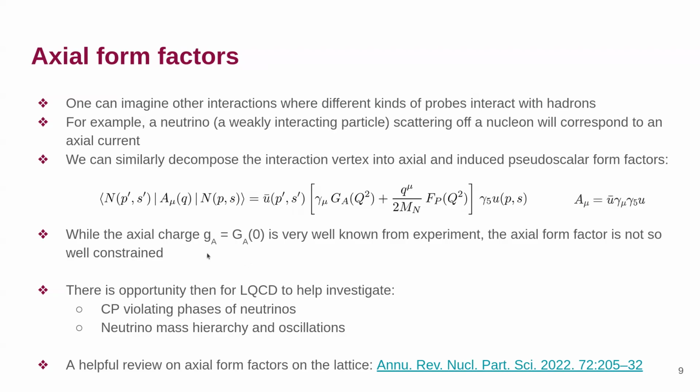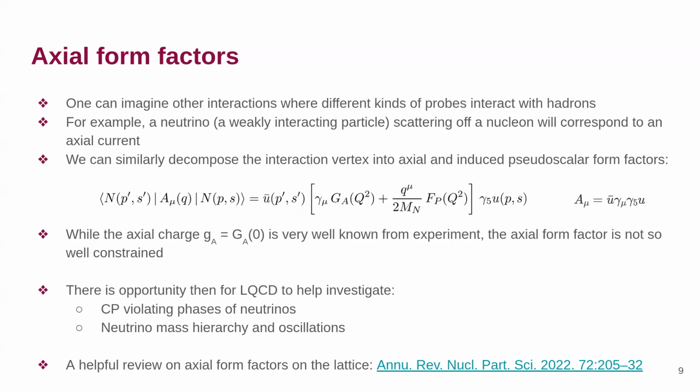Now, while the axial charge, lowercase gA, is quite well known from experiments, very precisely known, the same cannot be said for the axial form factor at non-zero Q squared.